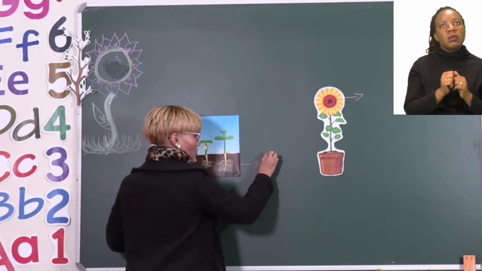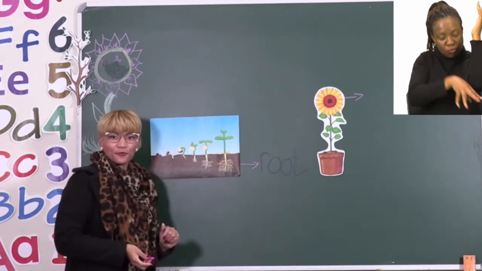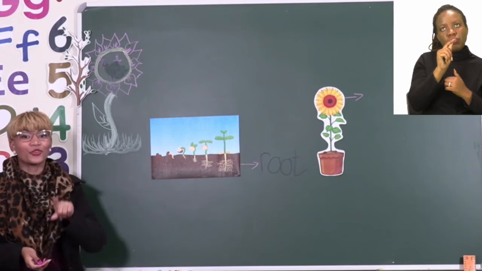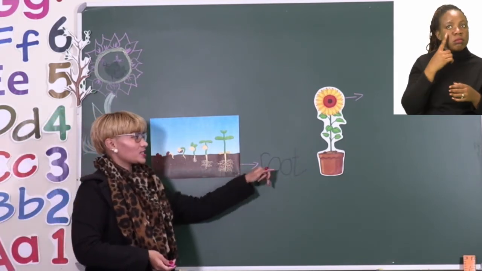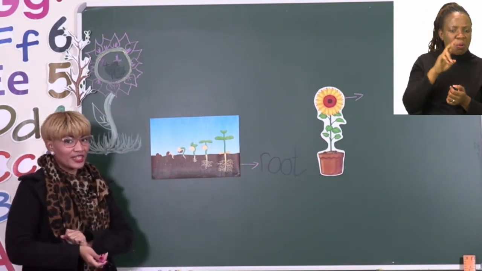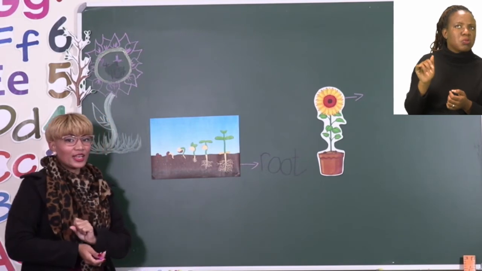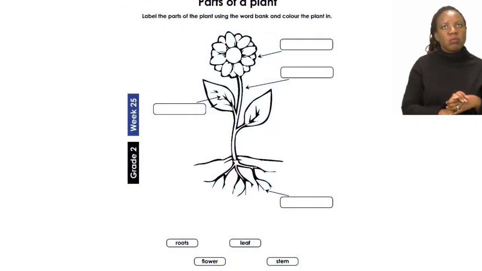This part is called the root. Okay, so now you can go back and look at which part is the root of the flower on page 14. Let's quickly have a look at my next picture.